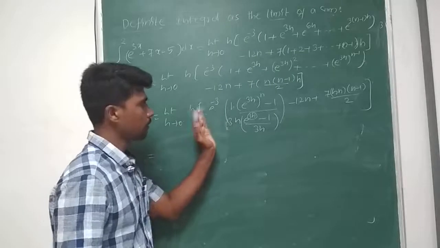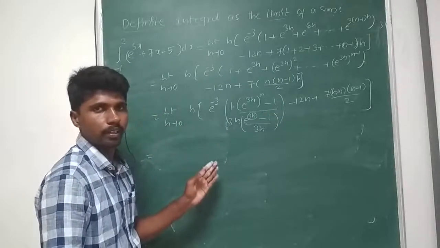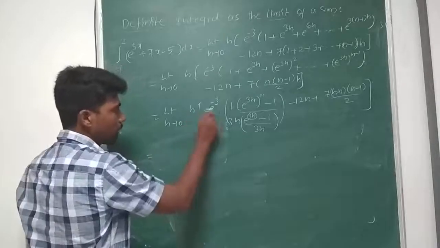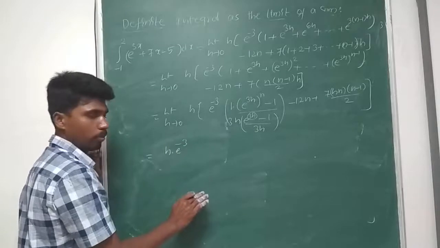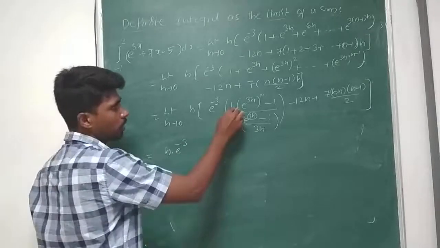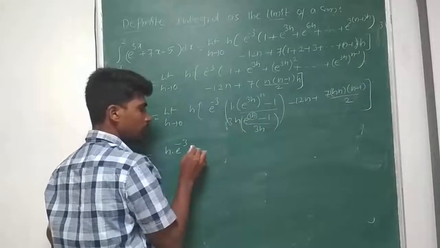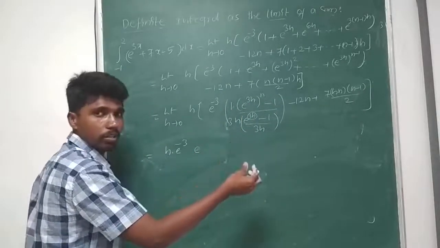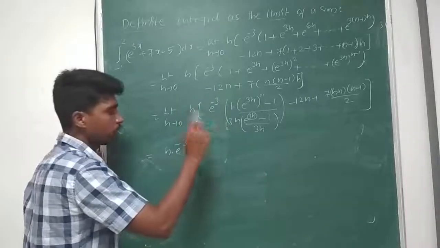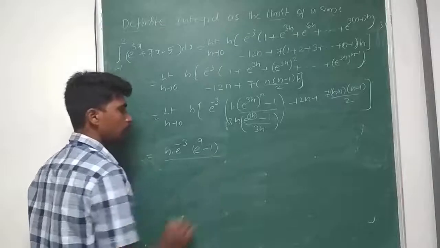So I'm multiplying this h and evaluating the limit separately. In this particular case, h into e power minus 3 into e power 3h whole power n, which is nothing but e power 3 into nh. nh value we have as 3. So 3 3s are 9, minus 1 divided by.